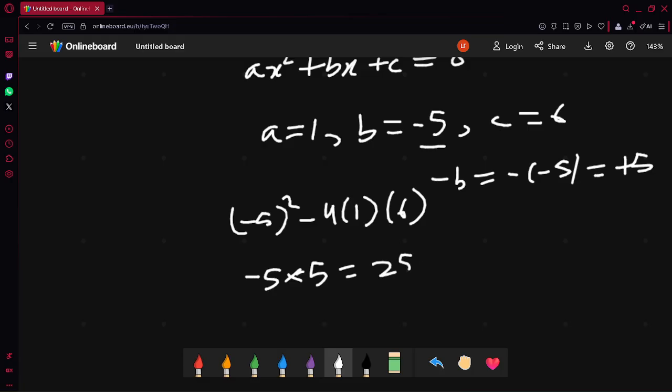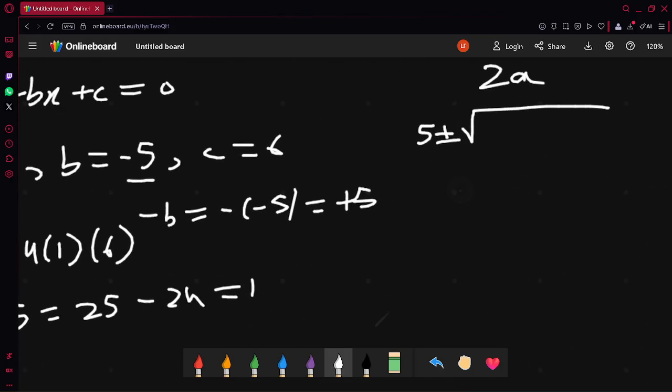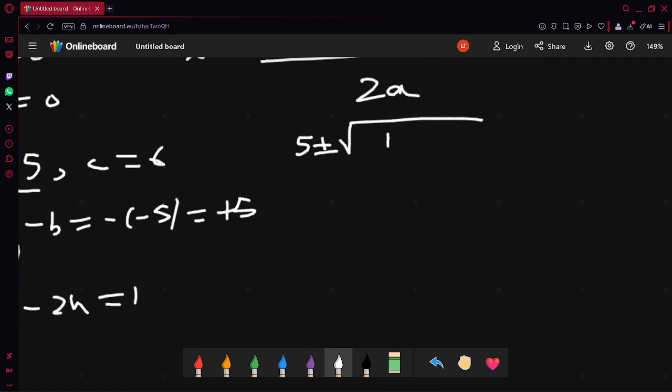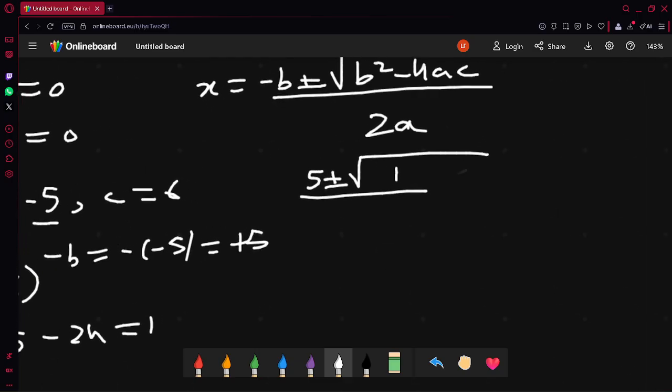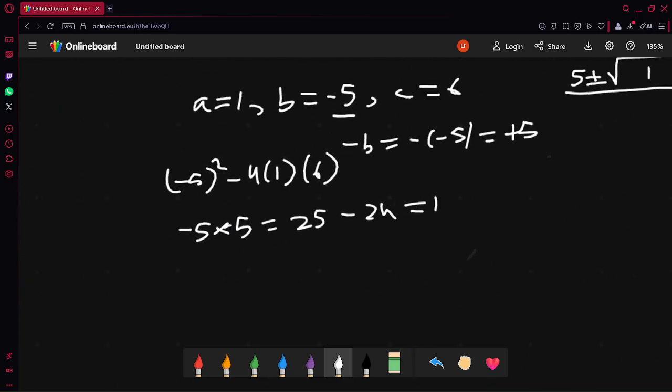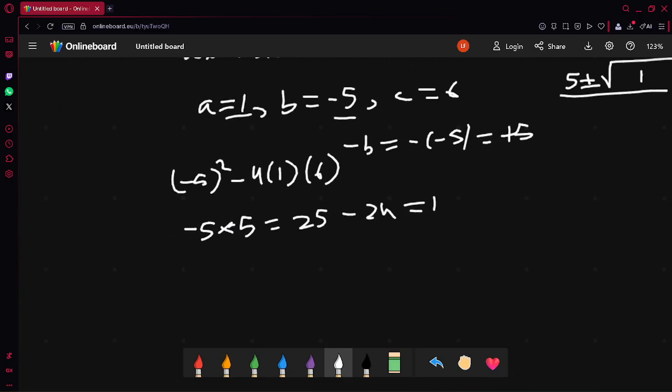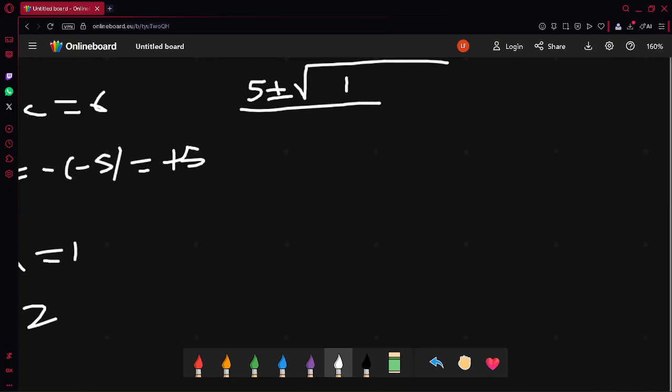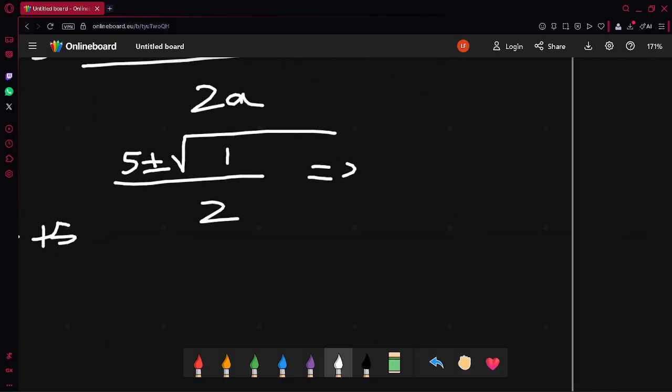So this is 25 minus 24 equals 1. And the square root of 1 is 1. And we know the 2a. We know that a equals 1, so 2 times 1 equals 2. So we'll get 5 plus or minus 1 over 2.